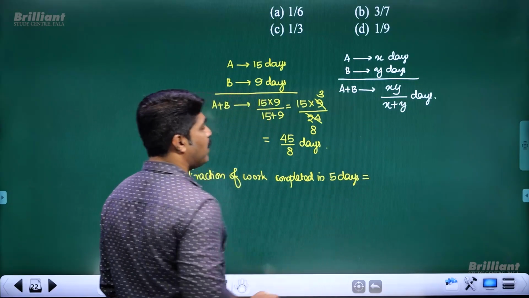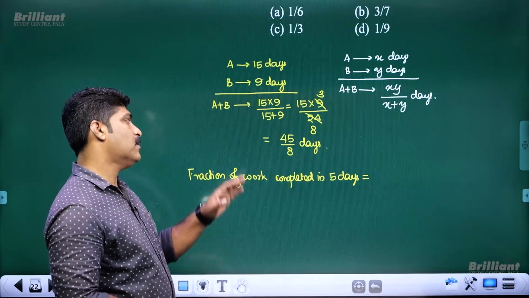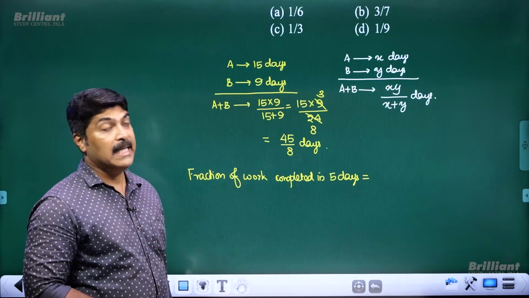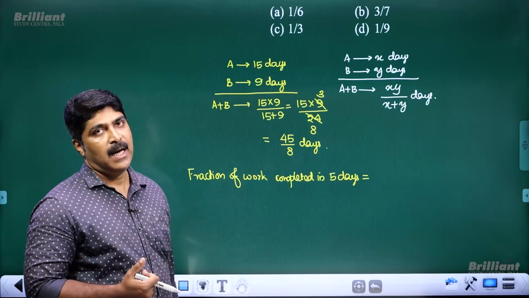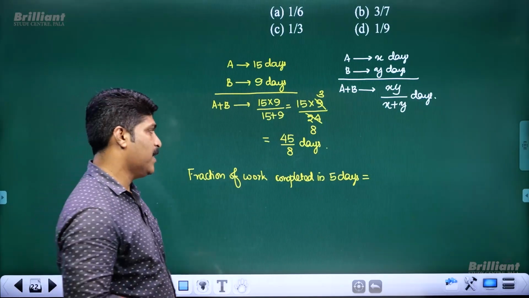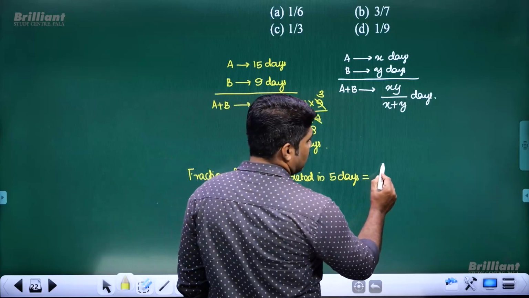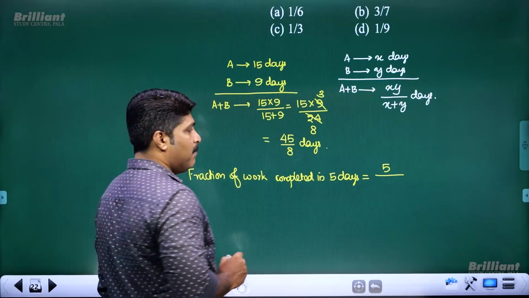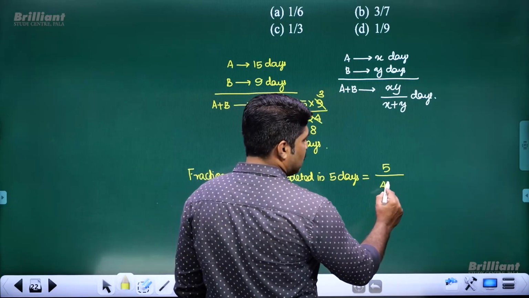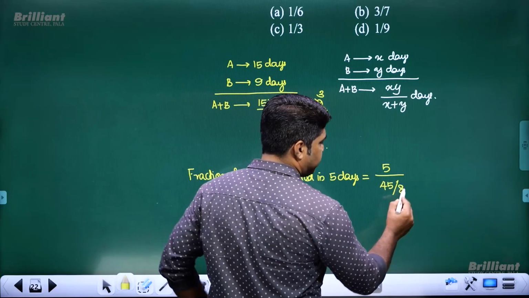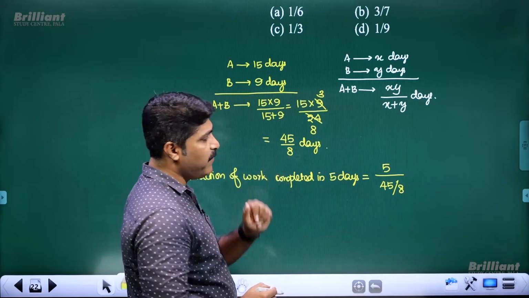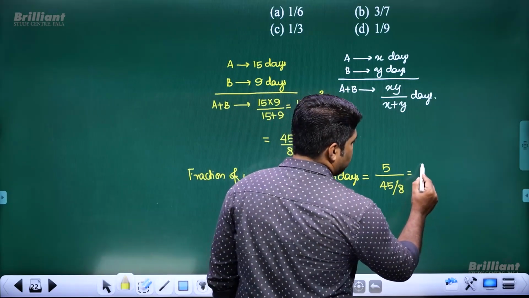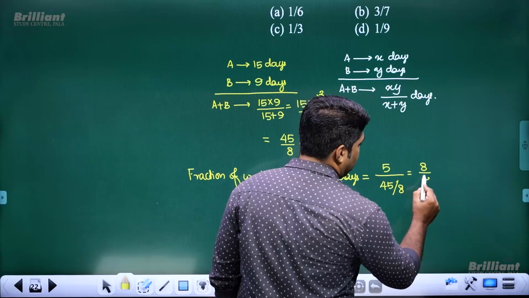So, how can we find it? This is the total number of days required for the completion of the work. Therefore, in 5 days, how much work can they complete? The work done in 5 days, but the actually required number of days is 45 by 8. So, this way we can find the fraction. Here we will get 8 by 9.